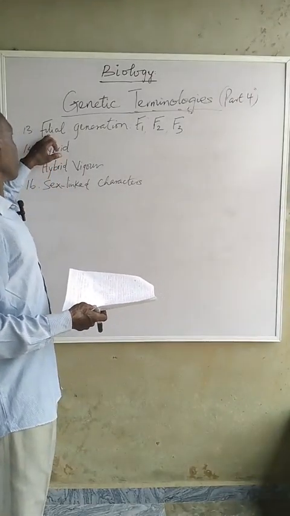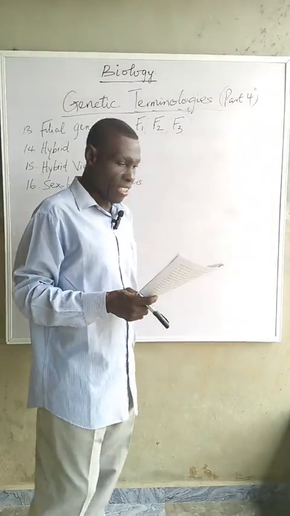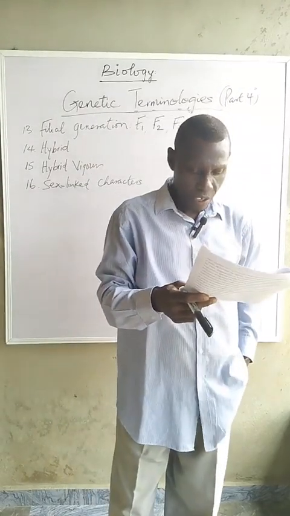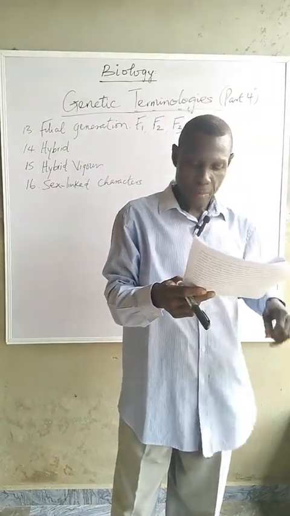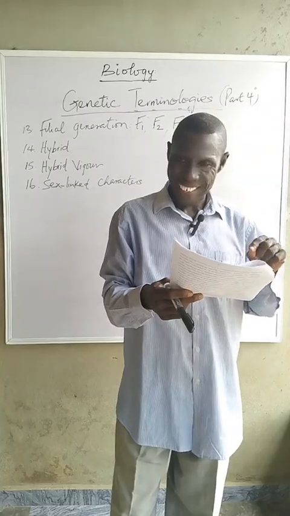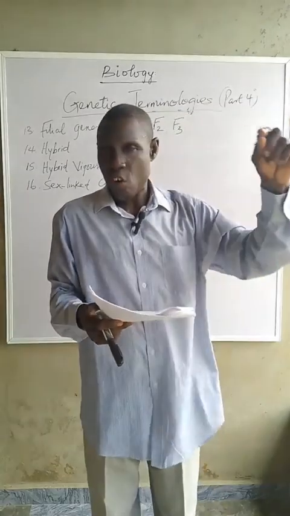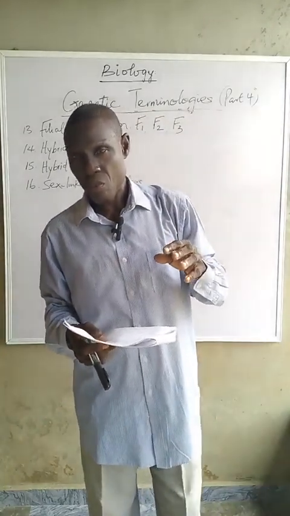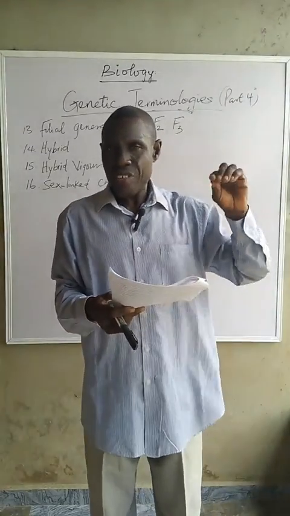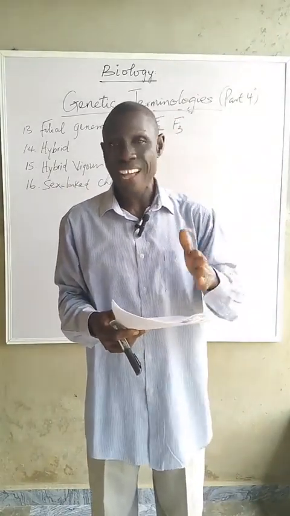Now, the first one is filial generation. Listen to what I have here. The offspring of the parents make up the filial generation. That is, the first husband and wife, when they give birth to children, those children they give birth to are referred to as the first filial generation.